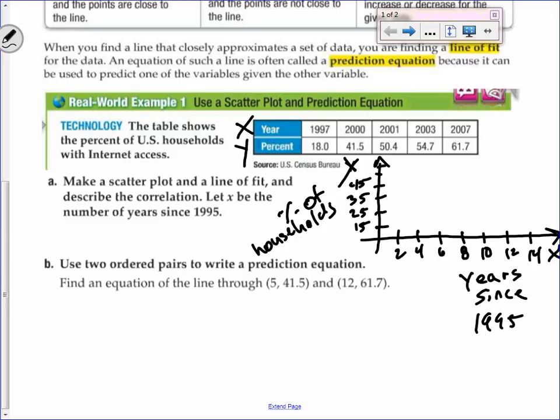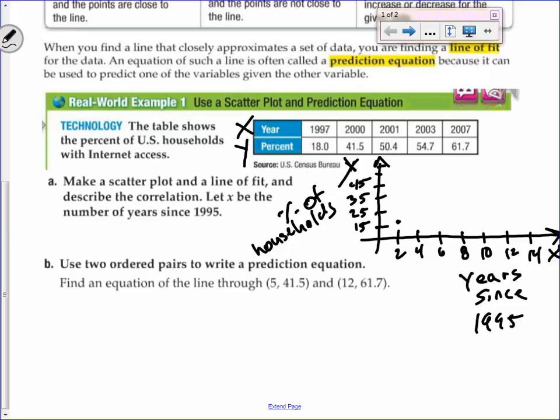So we're just plotting points. The point 1997 with the percent 18%. 1997 is 2 years after 1995, so we're going to 2 on our x and up to 18, which is between 15 and 25.